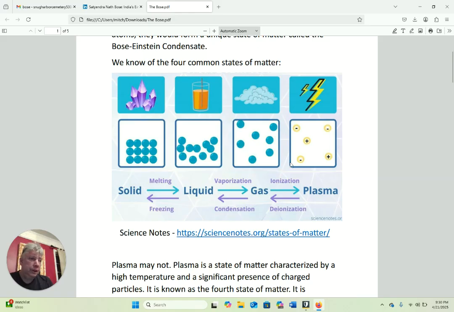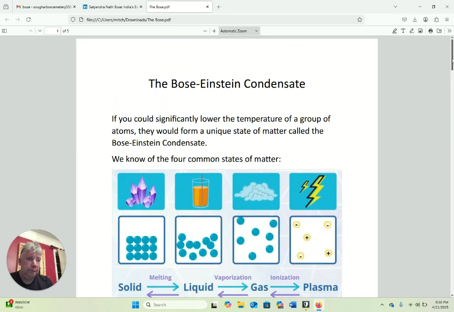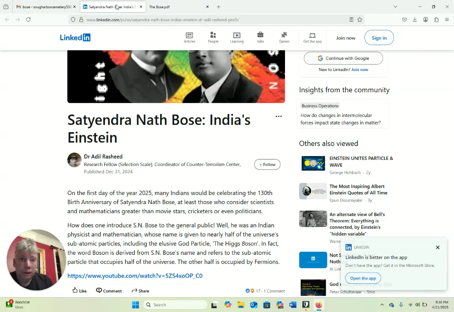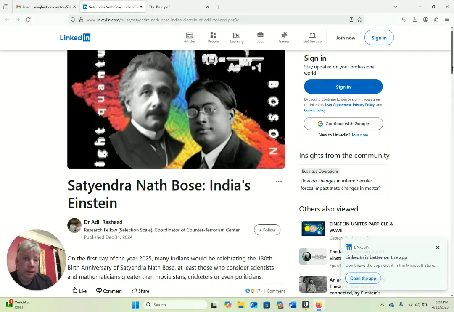This was originally proposed by, I'm probably going to say his name a little wrong, Satyendra Nath Bose.